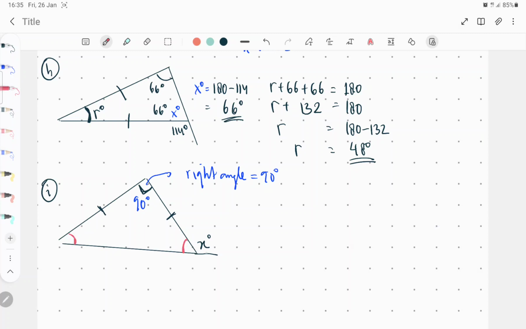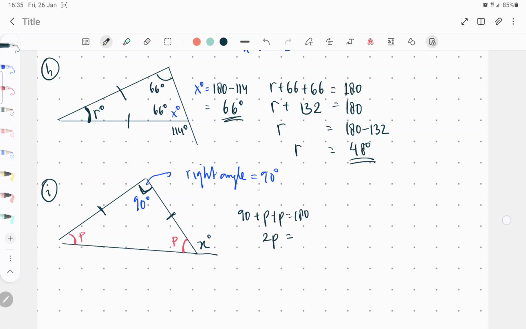You cannot put x again because x is the key question. So let's say I put p. It's the same, right? No matter what variable you want to pick, up to you, as long as you pick it right. You put p and p. So the equation will be 90 plus p equals 180.